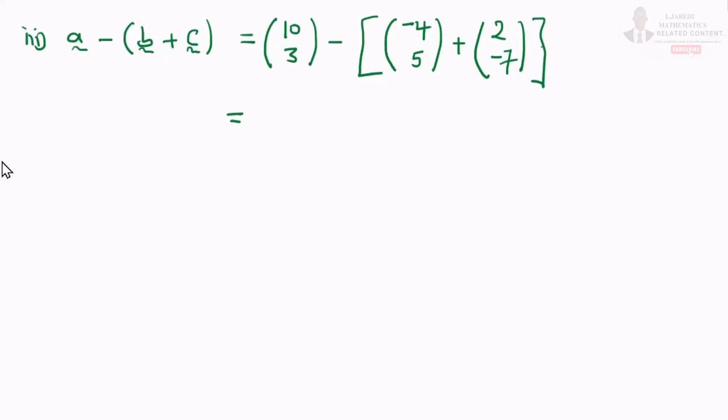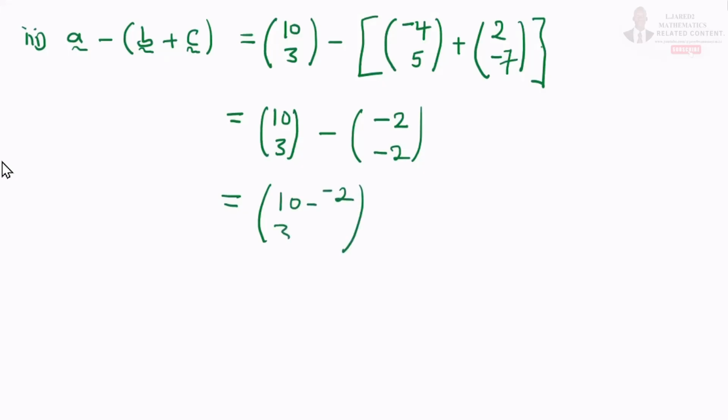So let's now simplify this. Let's first deal with the big brackets here. So we are going to have 10, 3 minus. In here we're going to have negative 4 plus 2, giving us negative 2. Then 5 plus negative 7, it's the same as having 5 minus 7, giving us still negative 2. Let's further simplify this. It's the same as having 10 minus negative 2, then 3 minus negative 2.